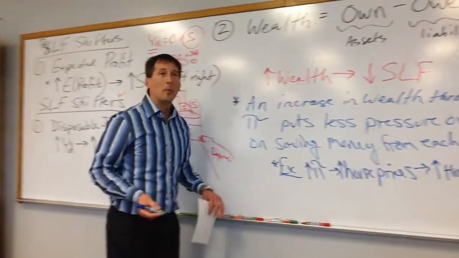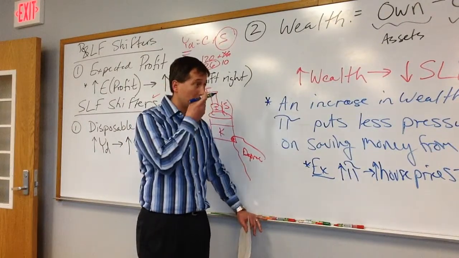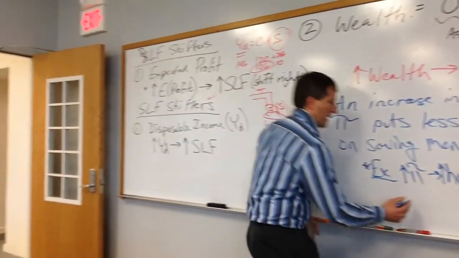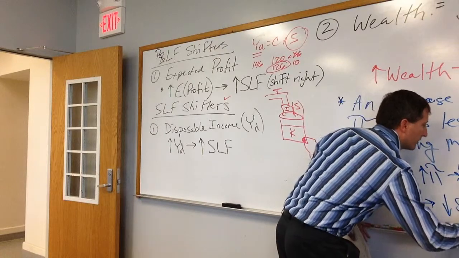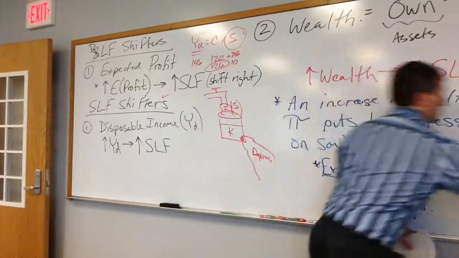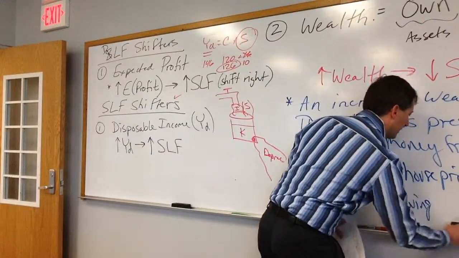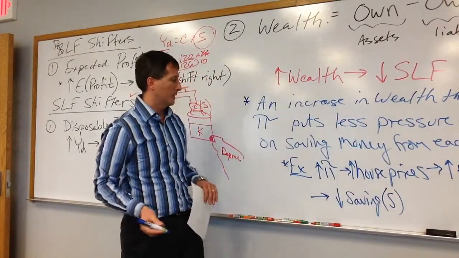An increase in home equity makes you think that you've saved up enough money for retirement. And that leads you to decrease saving today. And I'm going to put saving without the plural on there, saving being our S from our flow variable.